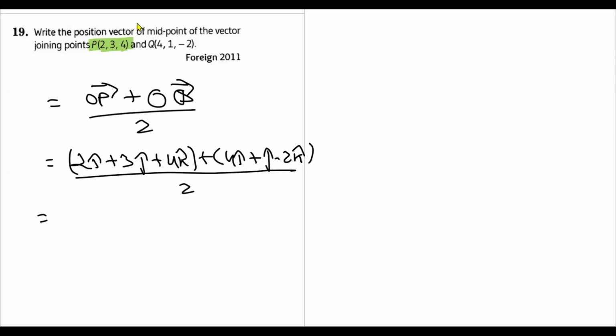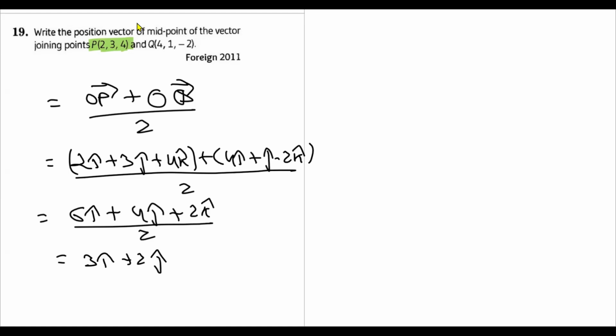So this is 2 plus 4, that is 6i cap, plus 3 plus 1, which is 4j cap, plus 4 minus 2, which is 2k cap, that whole divided by 2. And if I individually divide it, I'll get 3i plus 2j plus k cap. So this will be the answer for this.